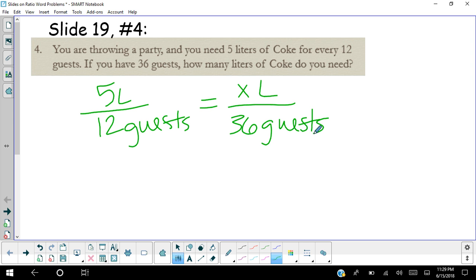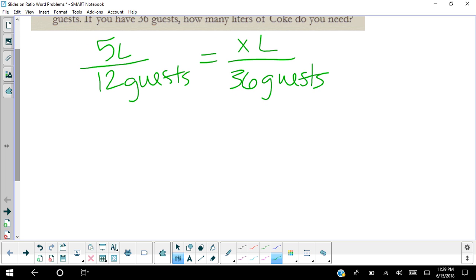I like to include the units when I'm setting things up so that I make sure I'm consistent. If I put liters on the top for the first ratio, then I have to put liters on the top for the second ratio, which I've done. But now I'm going to simplify those units out so I know what I'm solving mathematically. So I want to know when 5/12 equals X over 36.